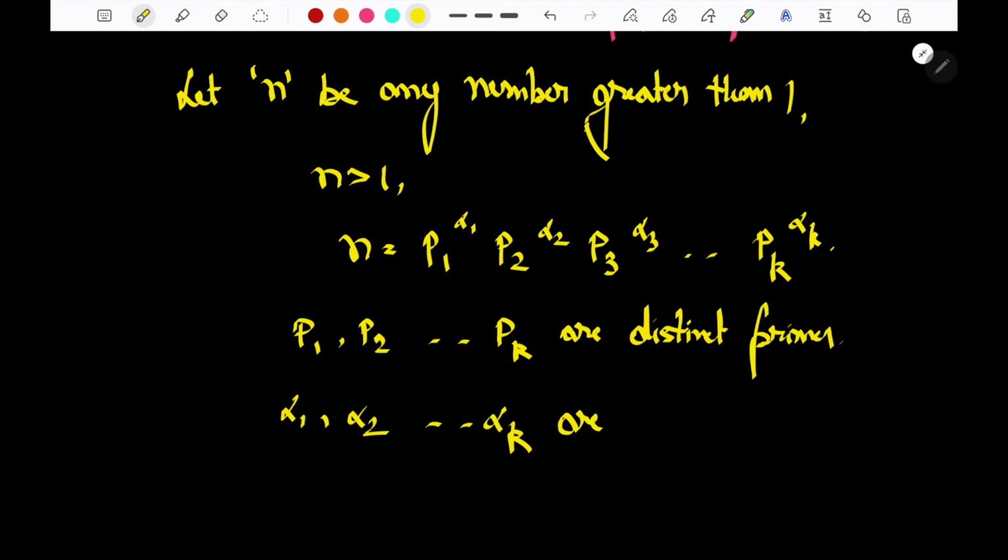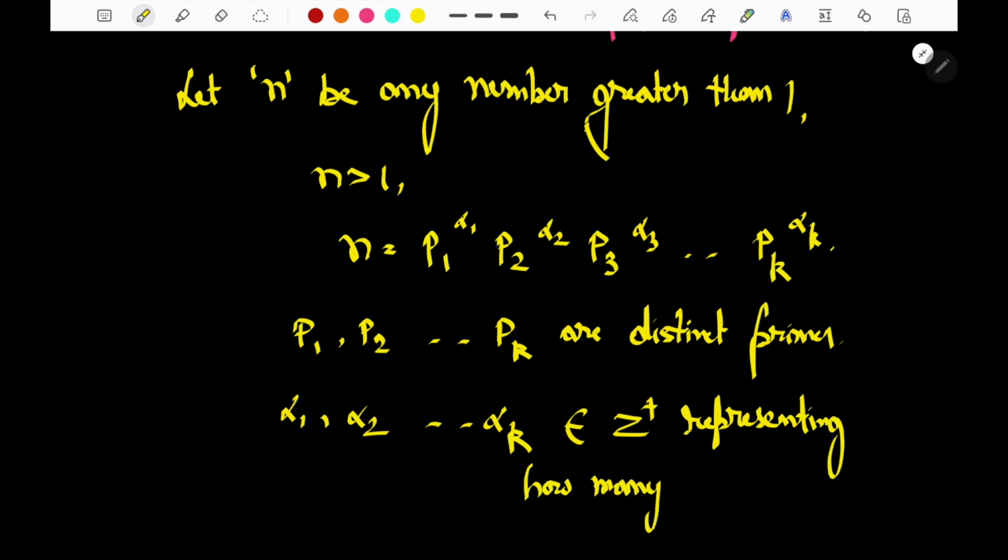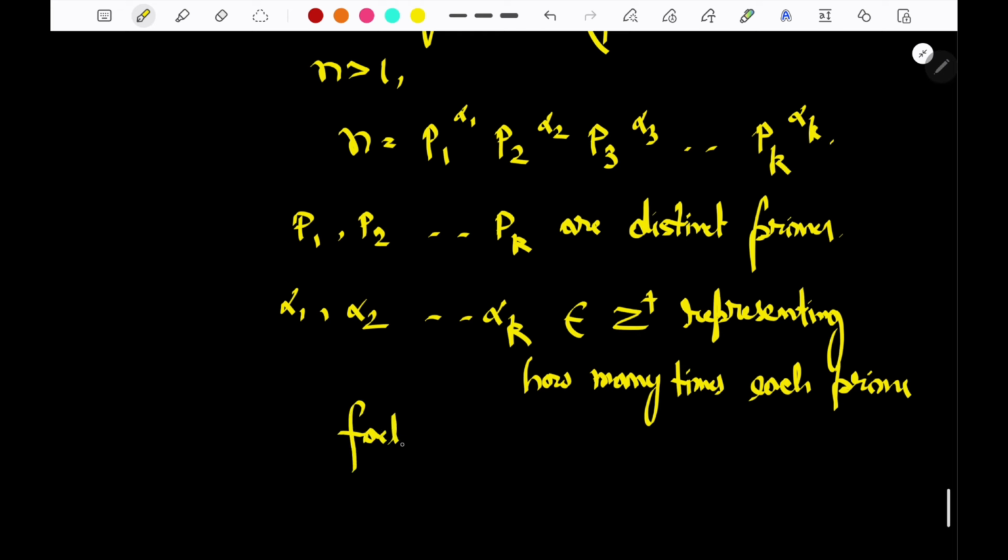Meaning, write it like this: each alpha belongs to the set of positive integers Z plus, representing how many times each prime factor occurs. That is the meaning of this power.